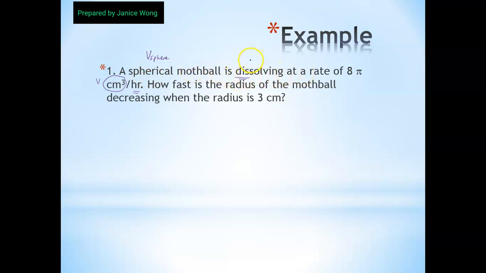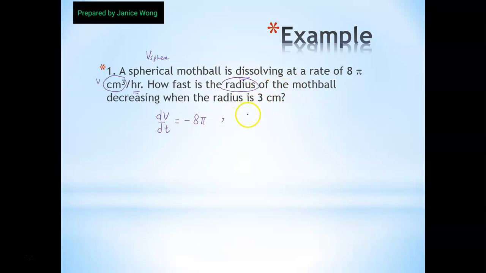Dissolving means decrease in size. So based on the information, in mathematical form for the first statement, we need to write dV over dt equals negative 8 pi. How fast is the radius of the mothball decreasing? The question asks how fast the radius of the mothball is decreasing when the radius is 3.